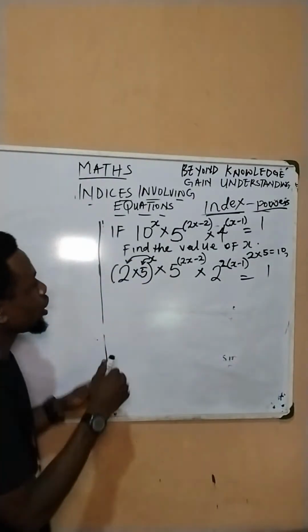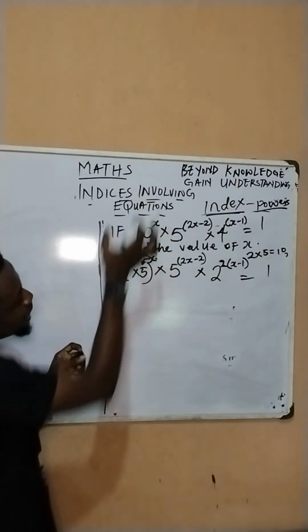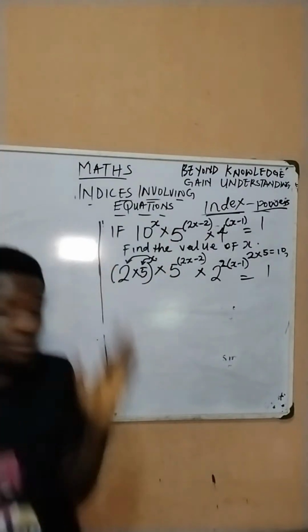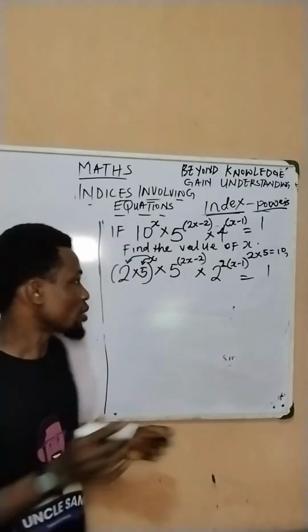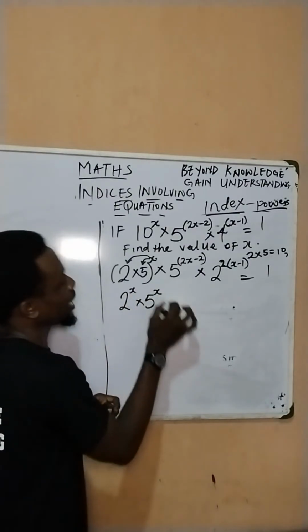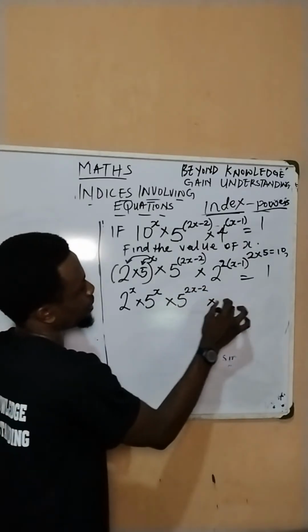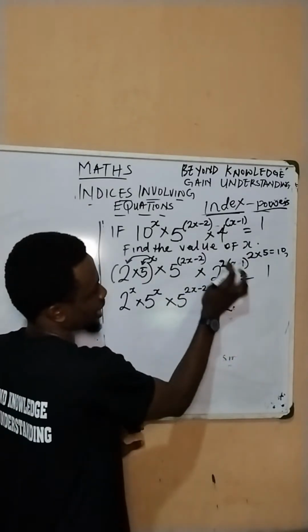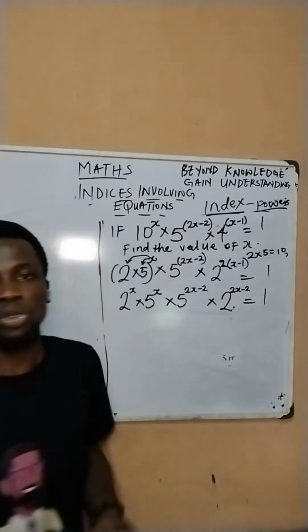So this power of x, for the 10, which I've reduced to 2 multiplied by 5, everything raised to the power of x, I'm sharing the power of x to what is inside. This is going to be 2 raised to the power of x multiplied by 5 raised to the power of x. Now multiply by 5 raised to the power of 2x minus 2 multiplied by 2 raised to the power of 2 times the inside, which becomes 2x minus 2, equals 1.